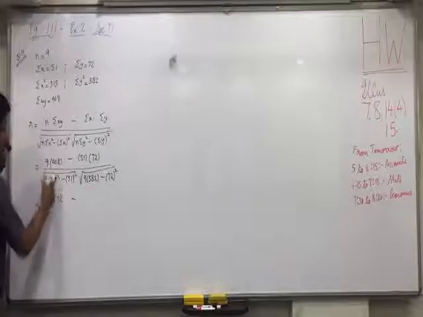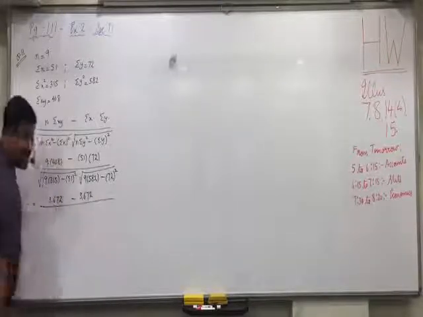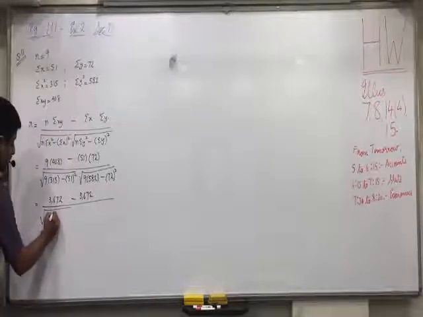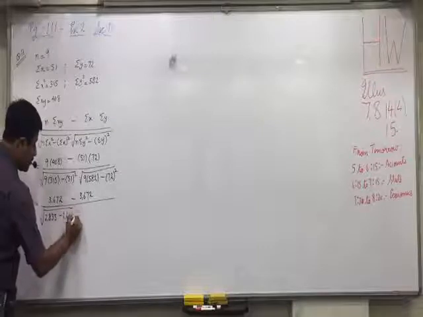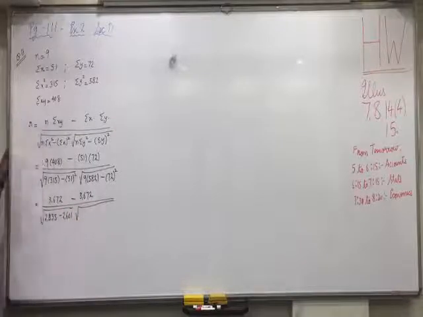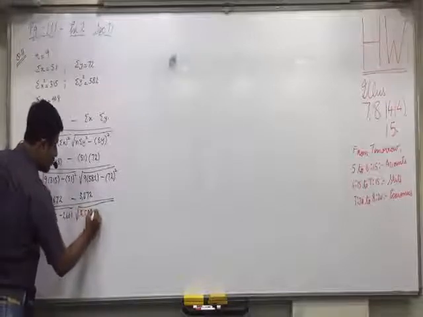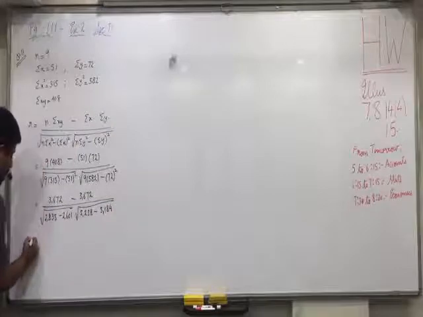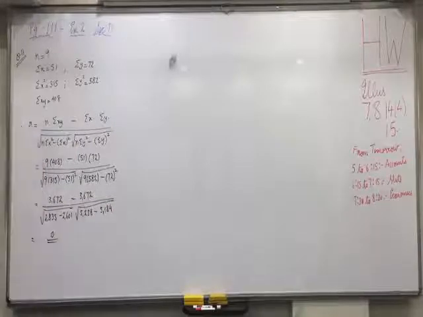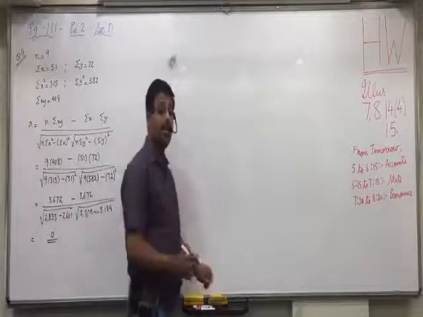Further. 9 into 408 is 3672. 51 into 72 is also 3672, upon 9 into 315 is 2835 minus 51 square 2601, into square root of 9 into 582 is 5238 minus 72 square 5184. Now 0 is the answer. 3672 minus 3672 is 0, and 0 divided by anything is 0.